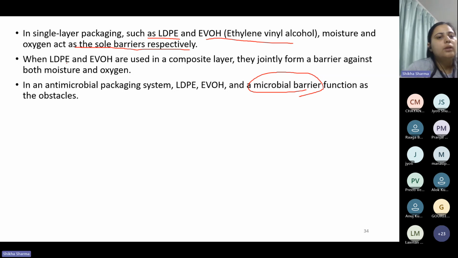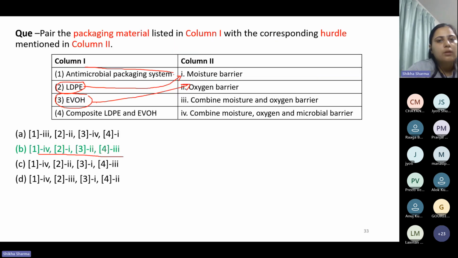So option first goes with fourth. We have the moisture barrier, and the packaging system can mean anything, LDPE or EVOH, so it can provide moisture and oxygen barrier also.